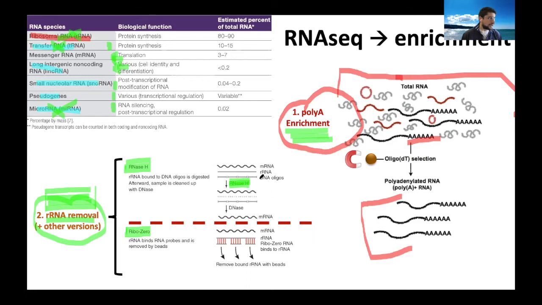So if the DNA oligos that we have recognize only the ribosomal RNA, this enzyme will only degrade the ribosomal RNA, leaving the messenger RNA intact. Again, you not only have the messenger RNA, you also have all the other non-coding RNAs. So again, this is a type of depletion versus the enrichment of the poly-A approach.